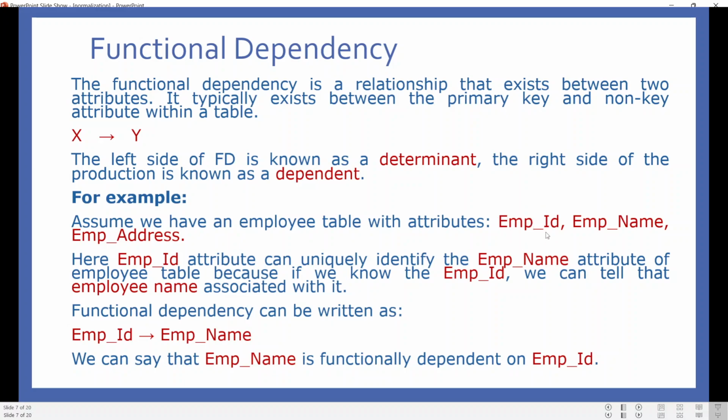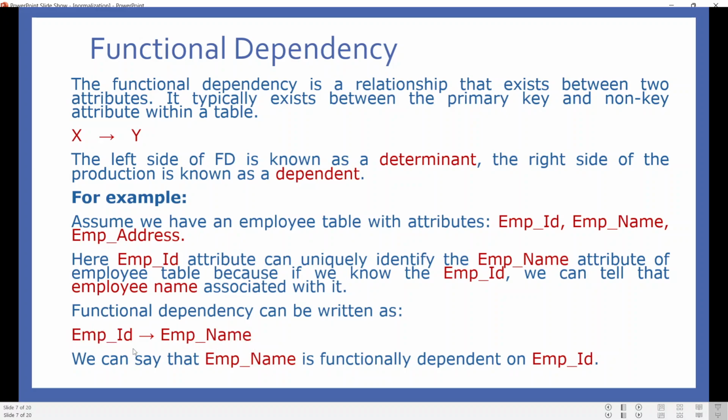Similarly, the employee address also. So this is how we define functional dependency, because the employee ID attribute can uniquely identify the employee name attribute from the employee table.